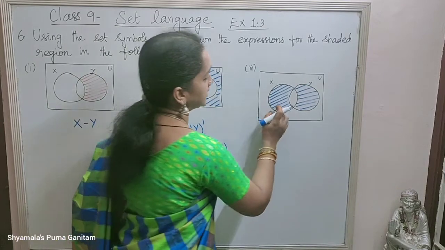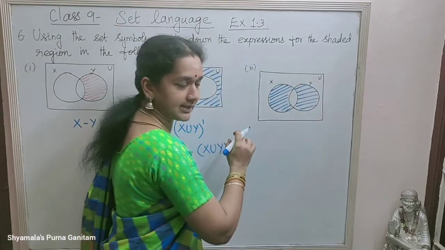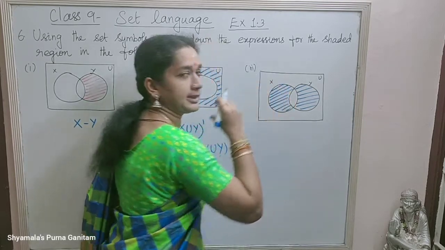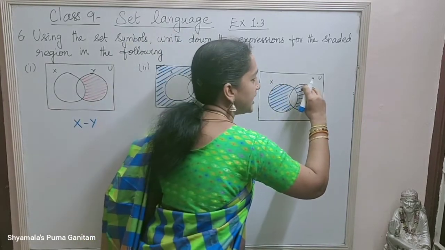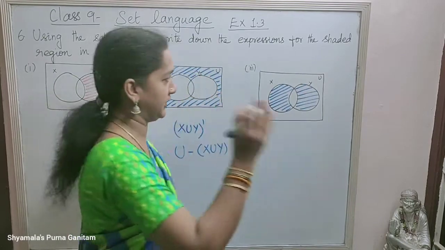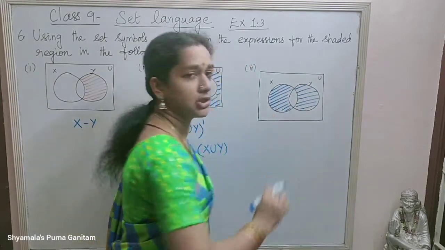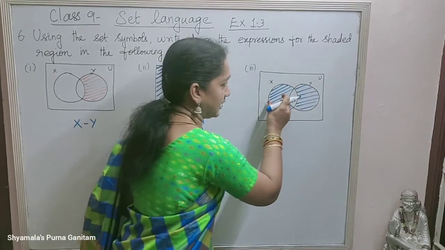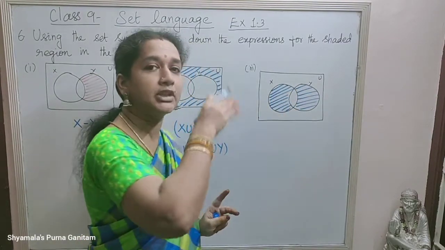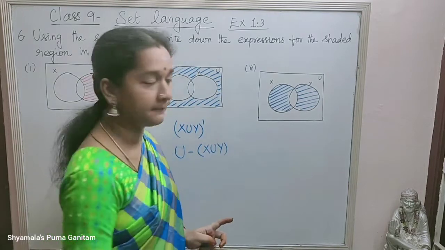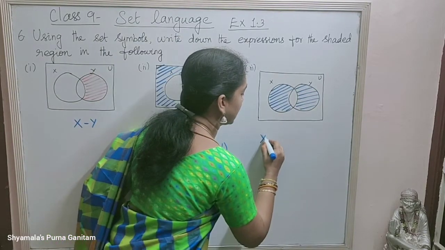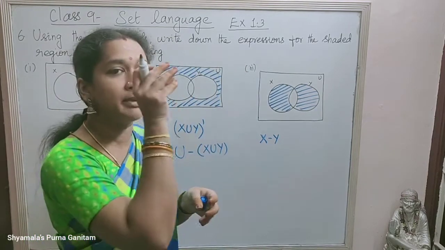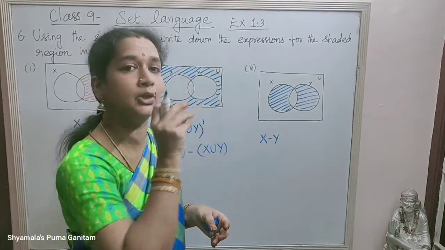Then this one is the universal set. This is X and Y. Only the elements of X are shaded here, and only the Y set is shaded. The intersection is not shaded. If X alone is shaded without the intersection elements of Y, we say that as X minus Y. Common elements we take out, the remaining elements of X alone we take.